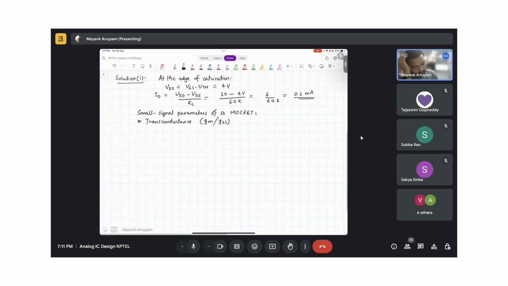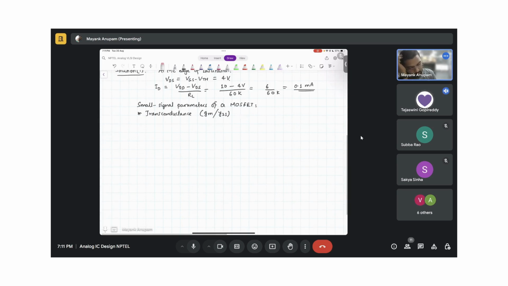Yeah, what else? Resistance. What resistance? Output resistance, right? R out, or you can also call it Y22, right?